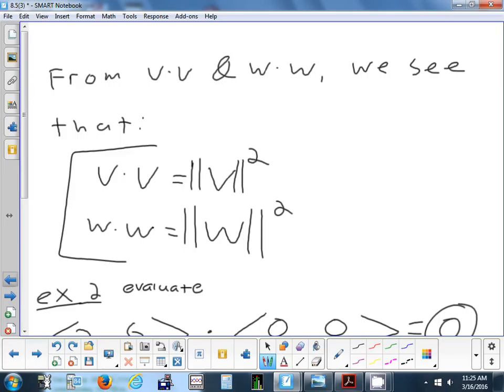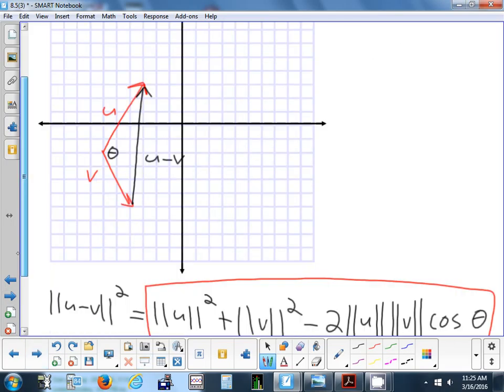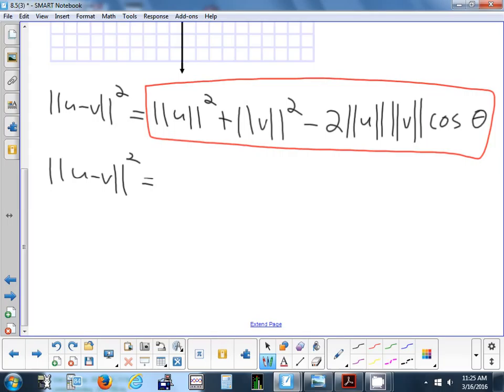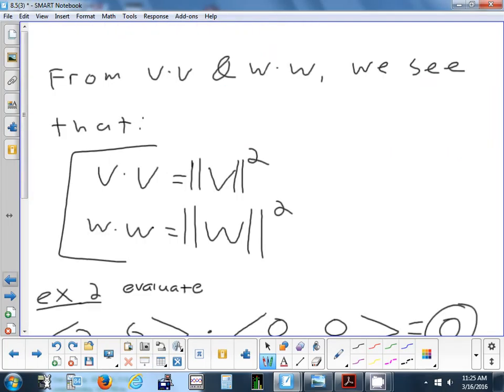Okay. Let's go back and look at what we have. So what dot product could I put right here? The square you got. Right, let's go back and look at it again. The magnitude of this squared is this dot this.